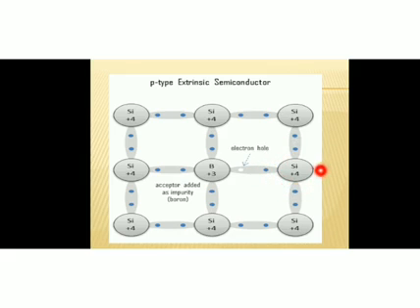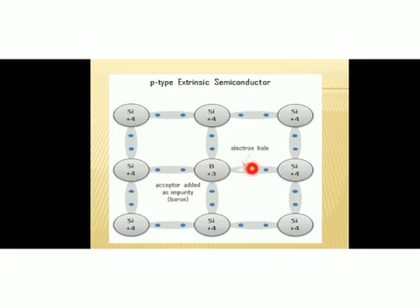So this boron atom has a deficiency of 1 electron to form a covalent bond with the neighboring silicon atom. The 3 electrons of the boron atom form covalent bonds with the neighboring silicon atoms, but there is a deficiency of 1 electron to form a covalent bond with this silicon atom.